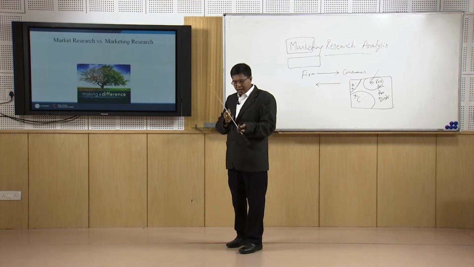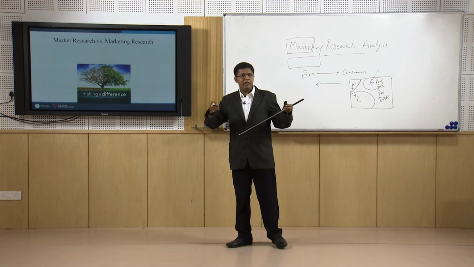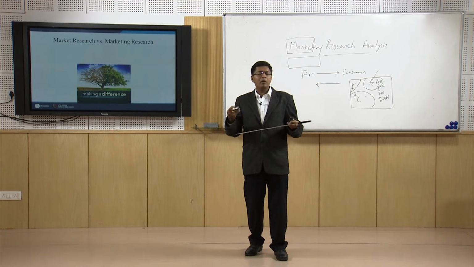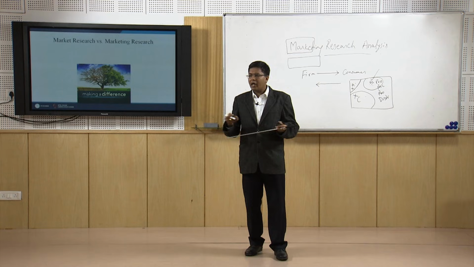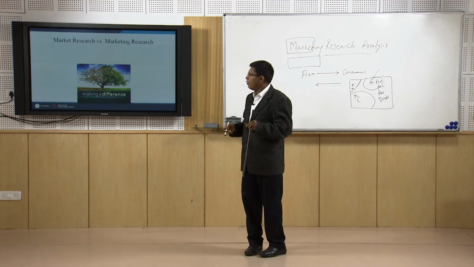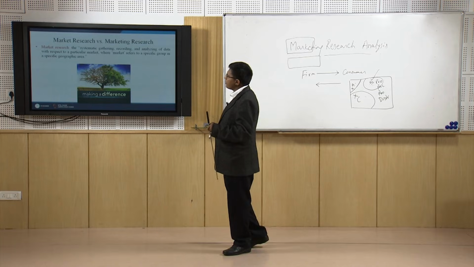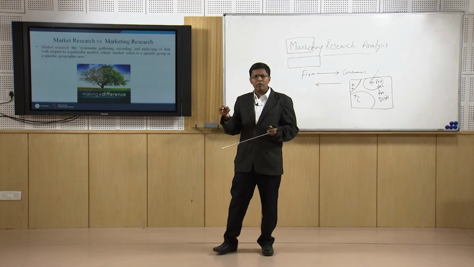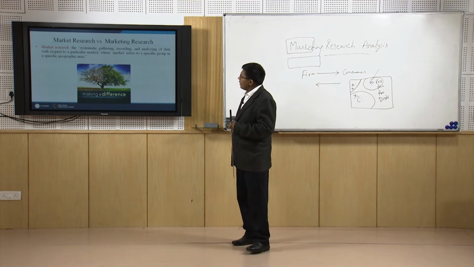Market, as the name suggests, we feel is like a geographical boundary, a large potential set of buyers and sellers. Today if I say only geography, it might be wrong because we are playing in the virtual world. So, market research talks about a specific group in a specific geographic area, but you can extend it to the virtual world, which is much bigger.